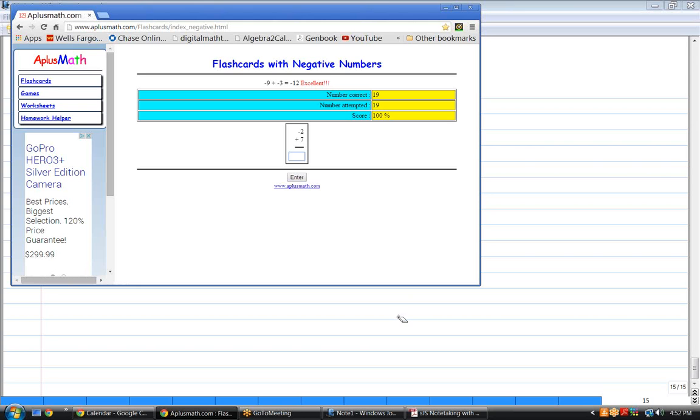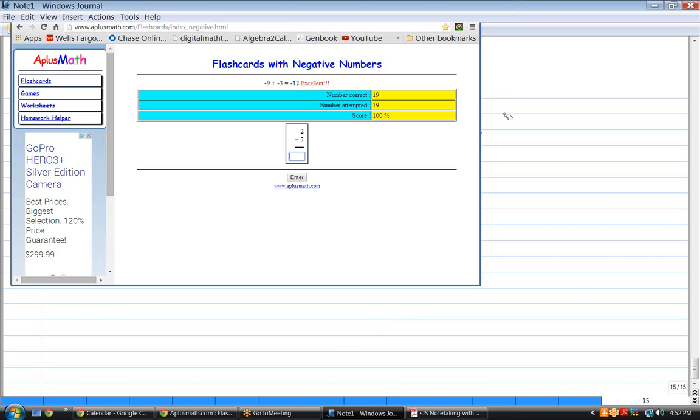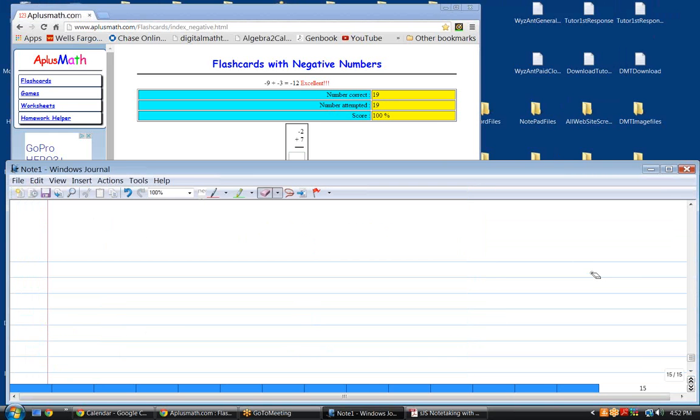In other words, what you do when you add a positive number to a negative number, hold on, now my computer's acting up. Alright, if I have a negative 2 added to a positive 7, whenever you add a negative number to a positive number, you actually subtract the two numbers, 7 minus 2, so I get a 5, and then I put the sign of the bigger number.